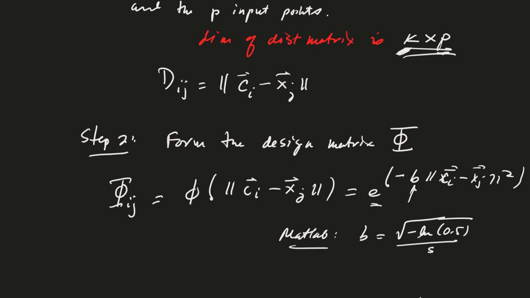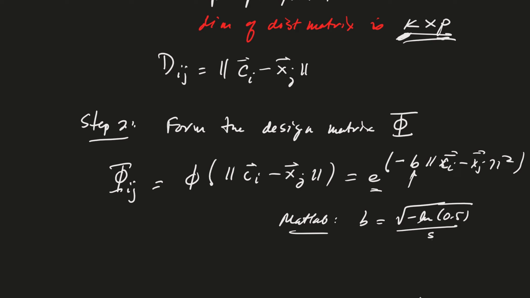I have to sigh a little bit because I don't know why they would leave it as minus natural log of 0.5. Why would you do that? Because that's equal to the natural log of 2. I'll let you prove that. So I don't know why MATLAB did that.